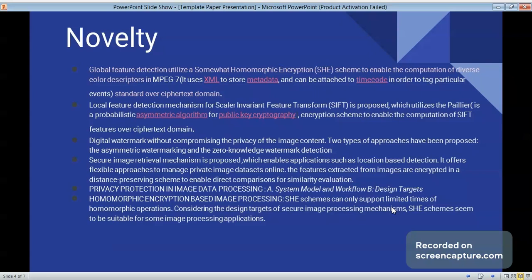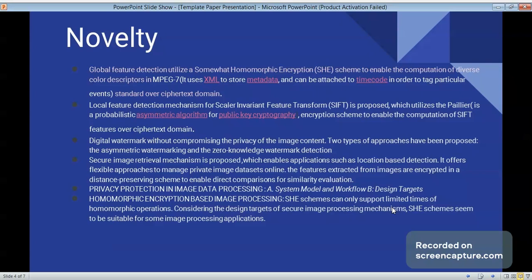In that way, we can maintain the flow of the digital watermark and also the privacy of whom that image belongs to, because it's very difficult to encrypt the digital watermark. So it's better not to get involved in the encryption of the digital watermark.